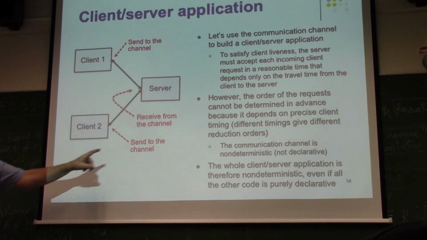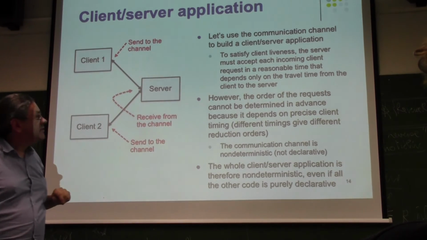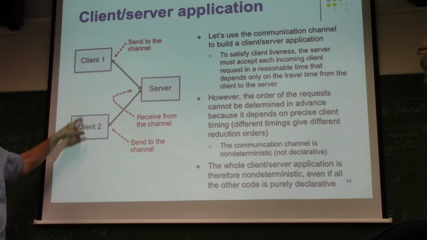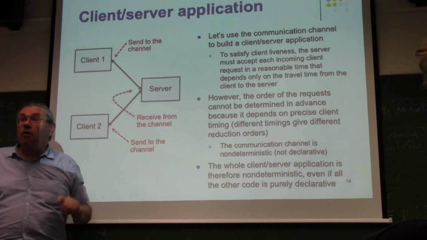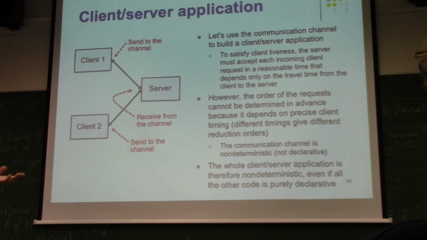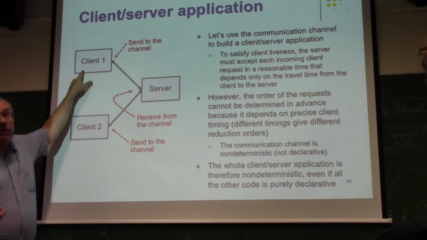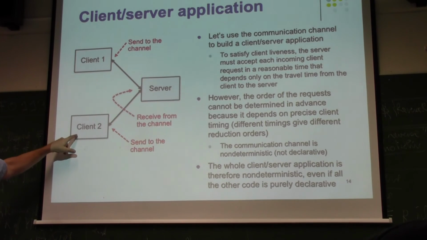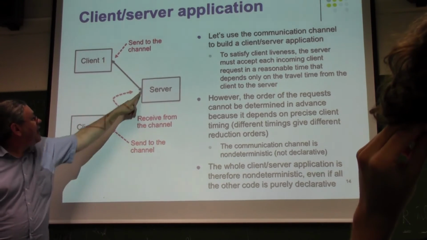Now, notice, the order of the requests cannot be determined in advance because it depends on the precise timing of the clients. So the server does not know in what order the client requests are coming in. Could be any order. And even if client 1 is doing his order before client 2, maybe this is a very slow connection, and this is a very fast one.